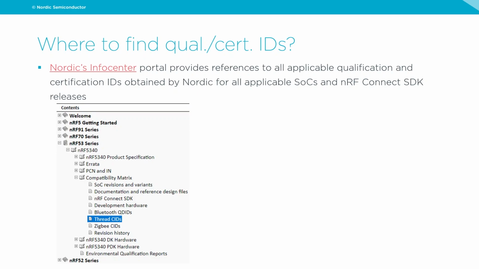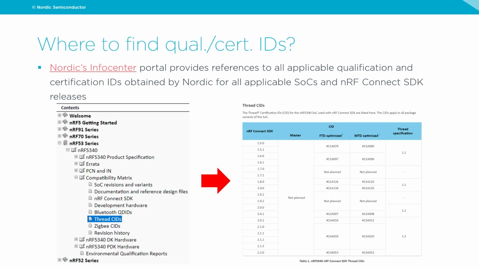As an example, you'll see the documentation of the nRF5340 SoC. In the compatibility matrix section, you can find references to all applicable certifications and qualifications obtained by Nordic. And as an example, you see Thread certification IDs for all applicable nRF Connect SDK releases.